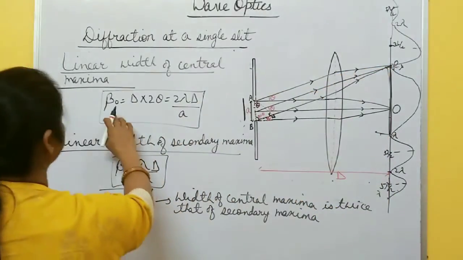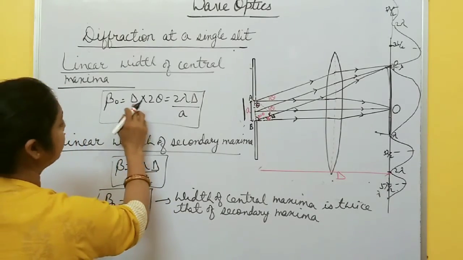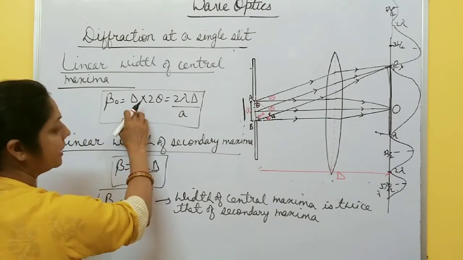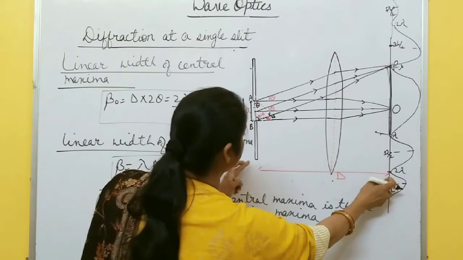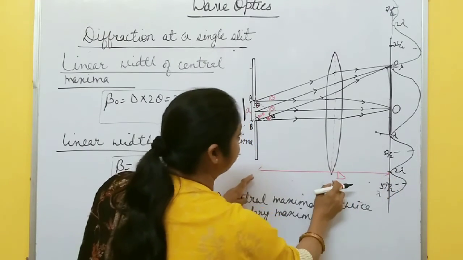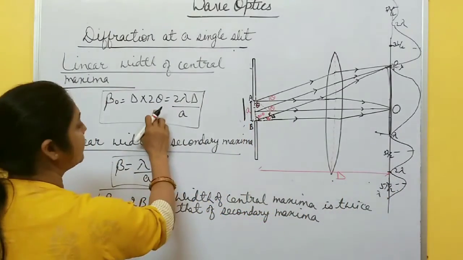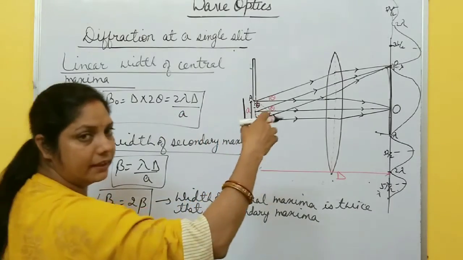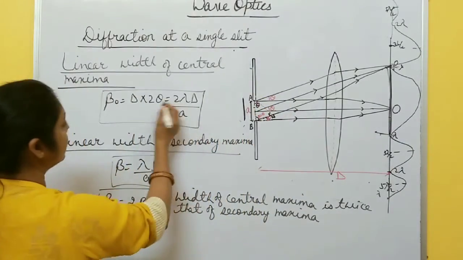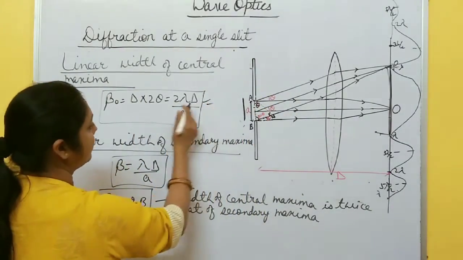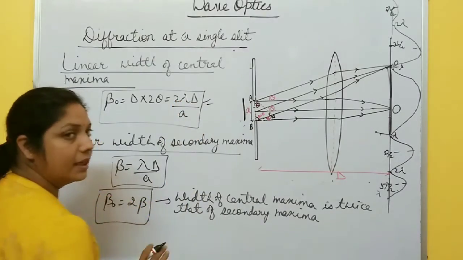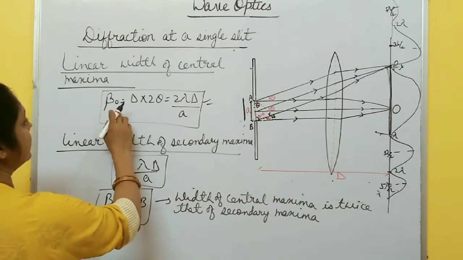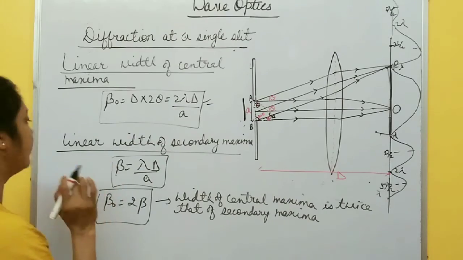The linear width of central maxima is given by beta naught equal to D, the distance between the source and screen, capital D, into 2 theta. Here the arc and radius formula is used. So just remember this formula, 2 lambda capital D by small a. This is the linear width of central maxima.